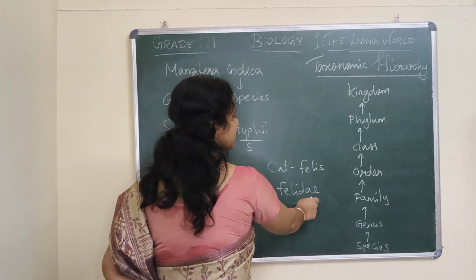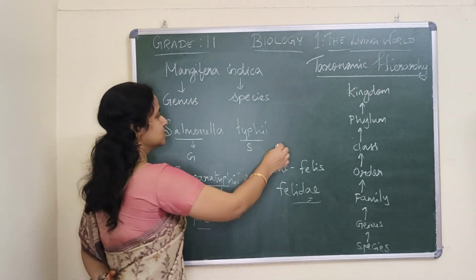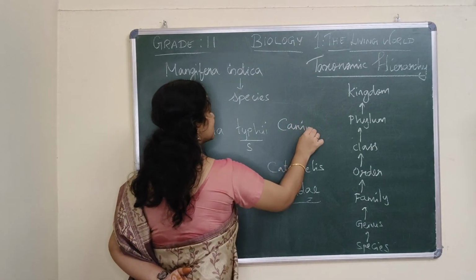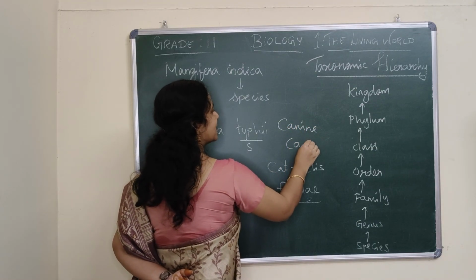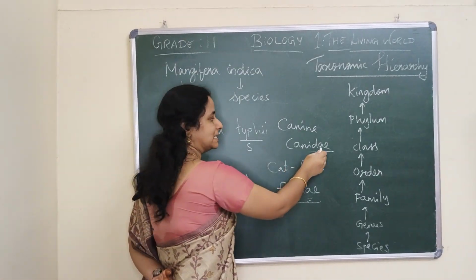So this family name will always end with dae. Similarly, for dog, the family is Canidae. So family names will end with dae. Okay.